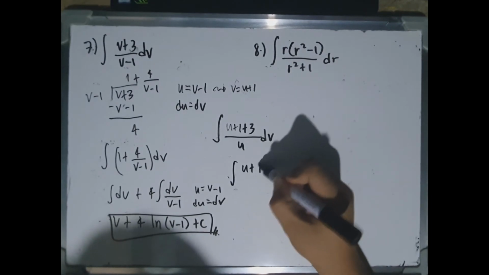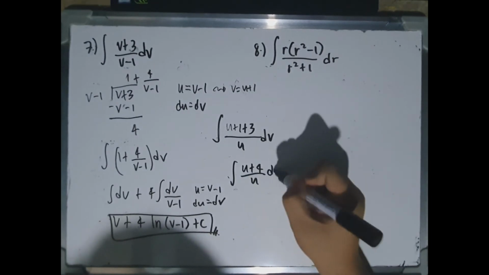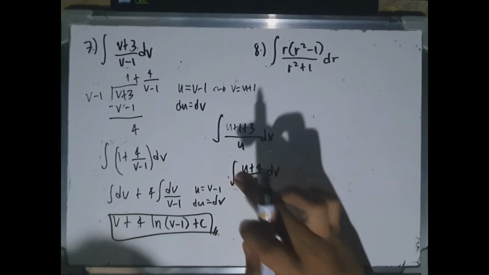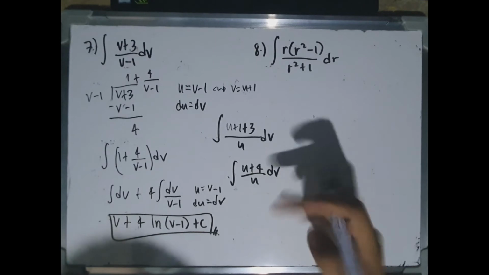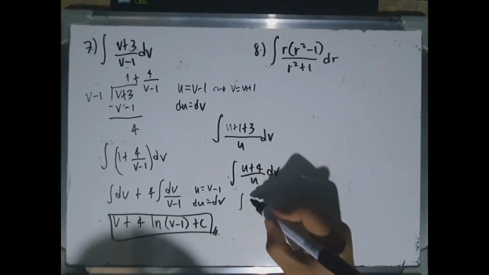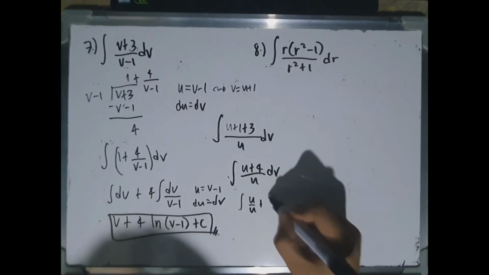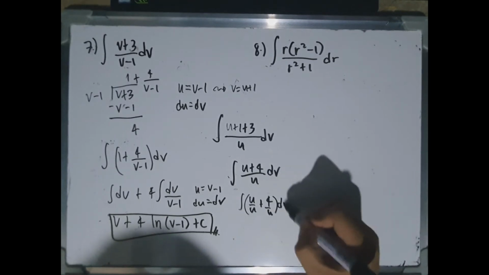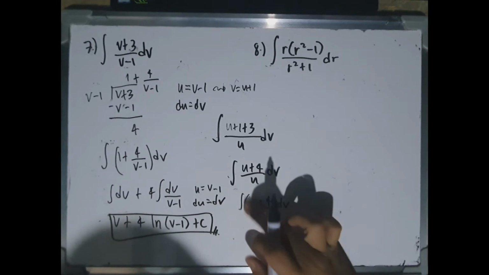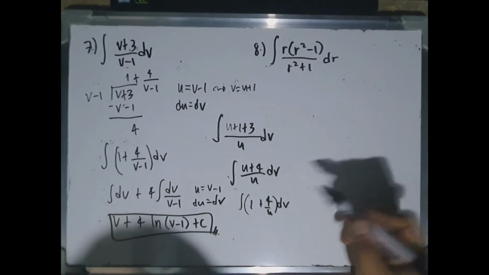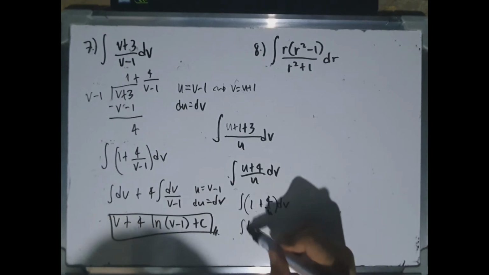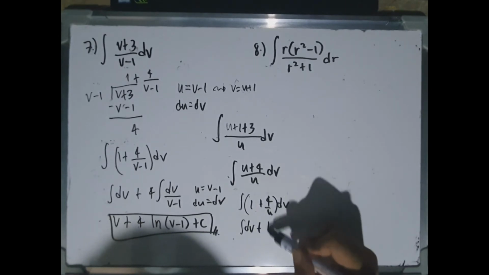U plus 4 over u dv. We could split the denominator to both our terms. So we now have u over u plus 4 over u dv. The u over u, that is 1, and we now have 4 over u. Distributing the dv, integral of dv plus 4.